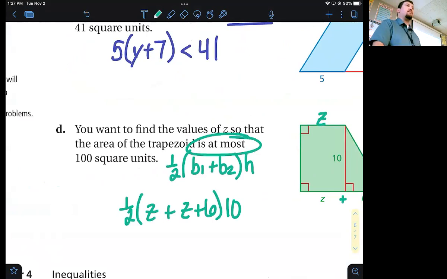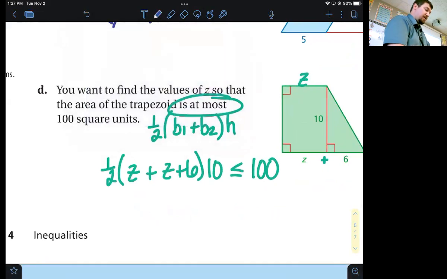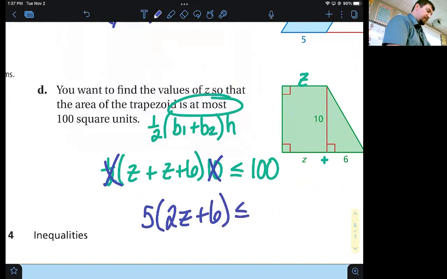Does that imply a minimum or maximum? A maximum. So if it's maxed out at 100, it could be 100 or less. So less than or equal to. Good. Less than or equal to 100. And I'm going to tidy this up a little bit because I know we could leave it like this, but I'd almost rather just get rid of the 1/2 and the 10 and call that 5, parentheses 2Z plus 6. It just looks a lot nicer that way.